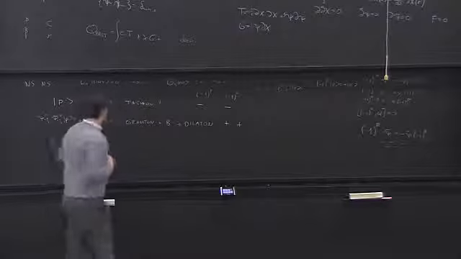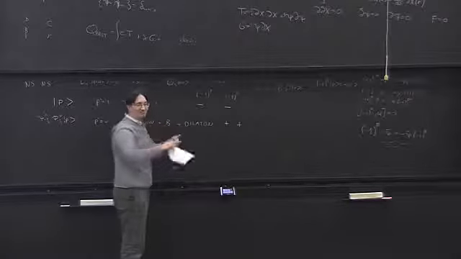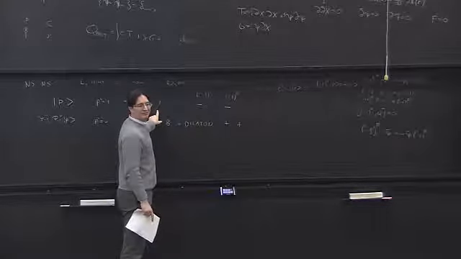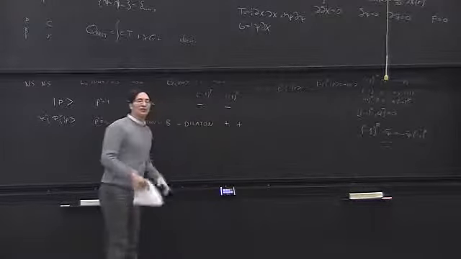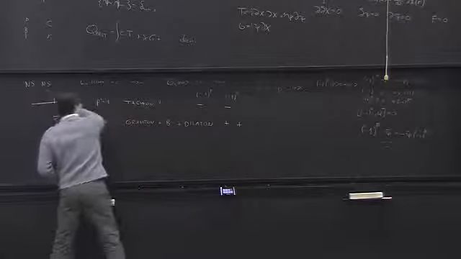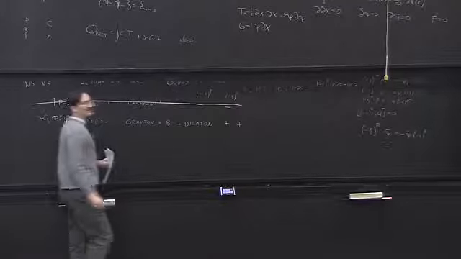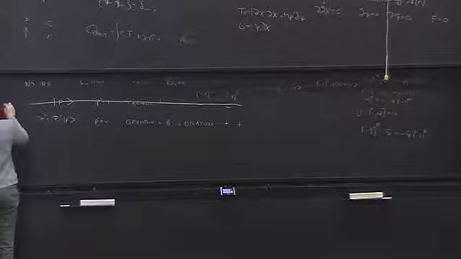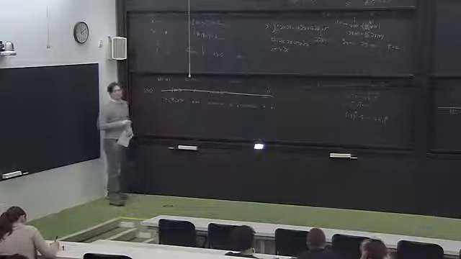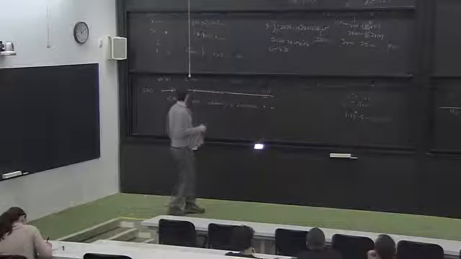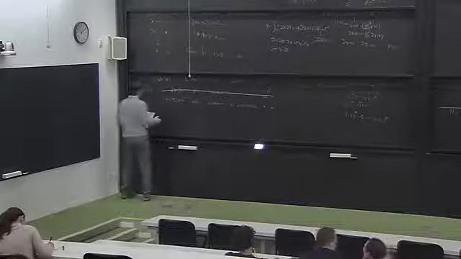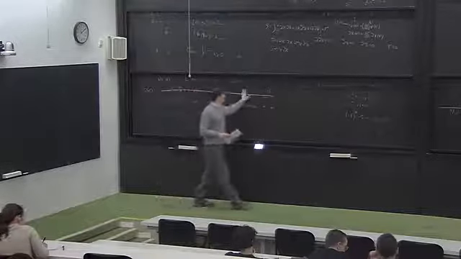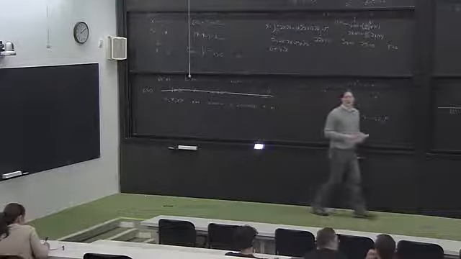Which means that when you scatter these guys together, you never create a tachyon. So you can consistently drop it. This is called the GSO projection. The GSO projection tells you you should only keep things that are invariant under the action of this (-1)^F.